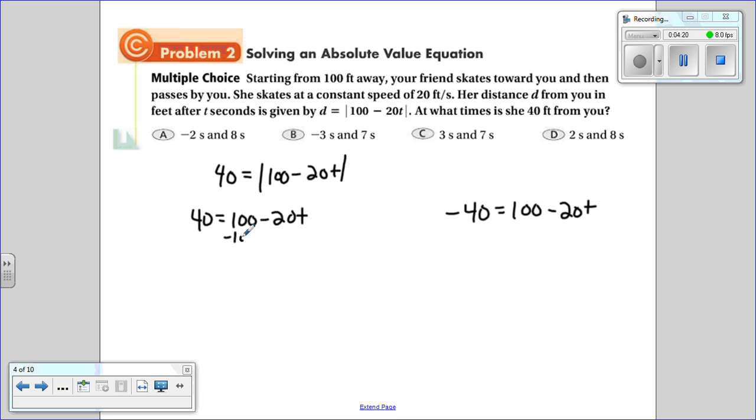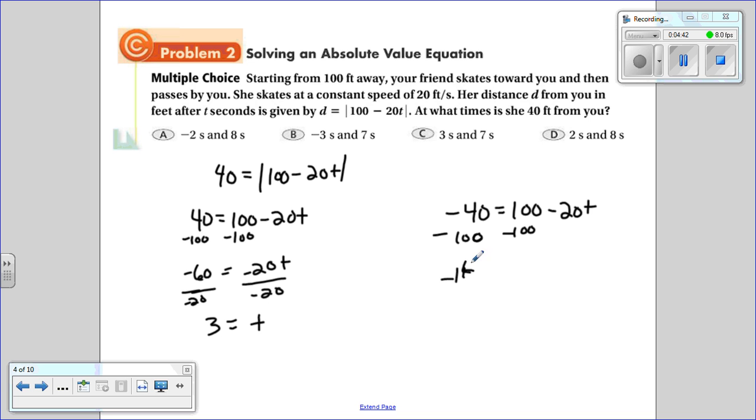We subtract 100 from both sides. That leaves us with -60 equals -20t. Divide by -20, and you are left with t equals 3. Over here, we subtract 100 again. We are left with -140 equals -20t. Divide by -20, and t is equal to 7.